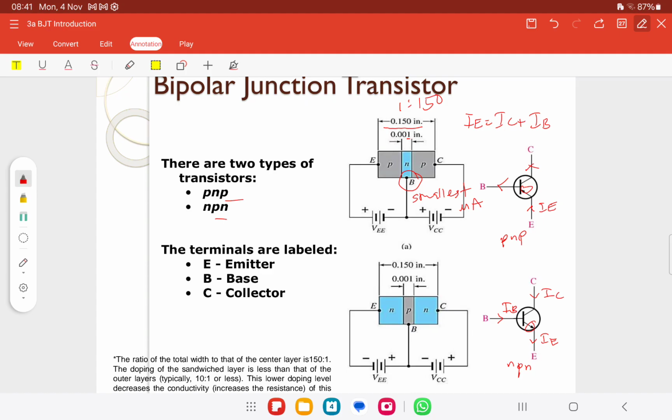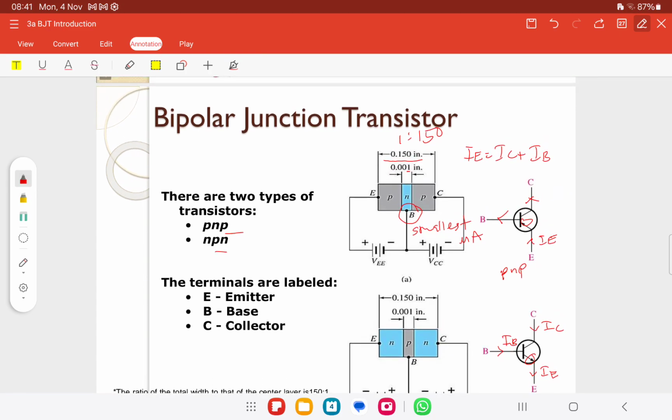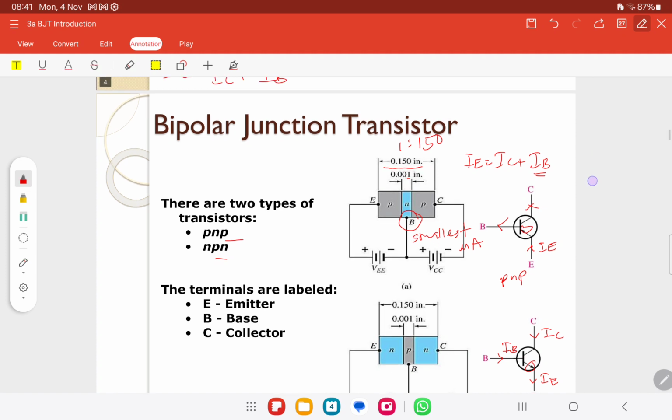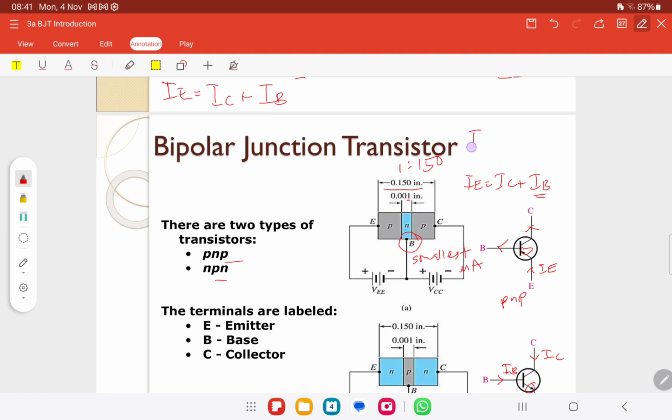Okay, IB is the smallest one. IC and IE dia lebih kurang dalam milliampere. And because I mentioned IB is the smallest one, sometimes we can assume that IE is approximately equal to IC.